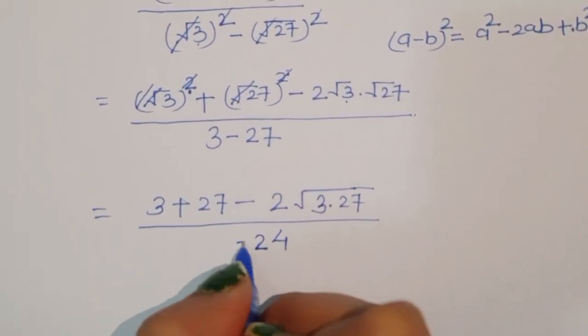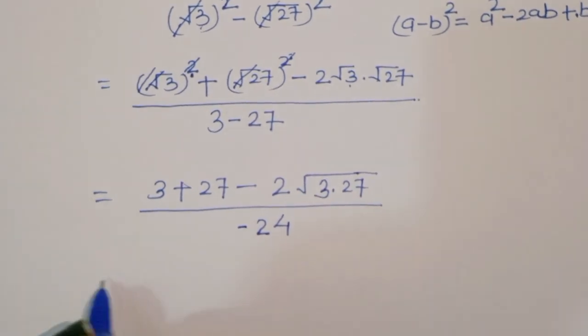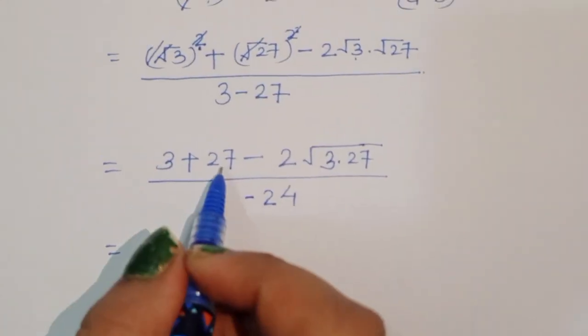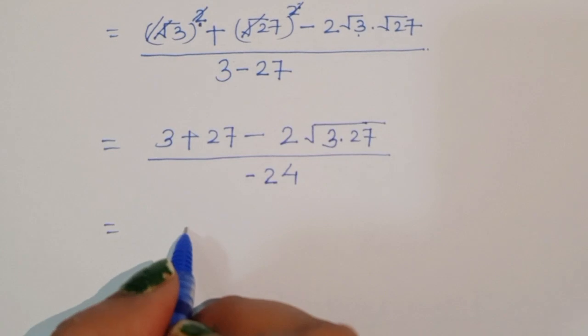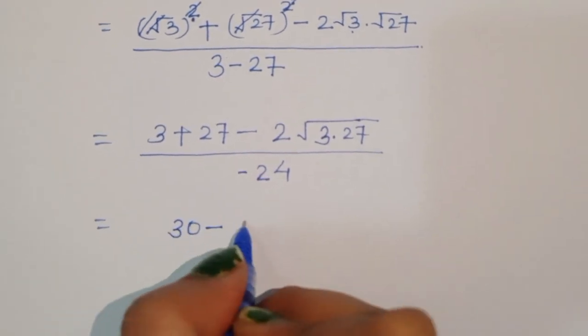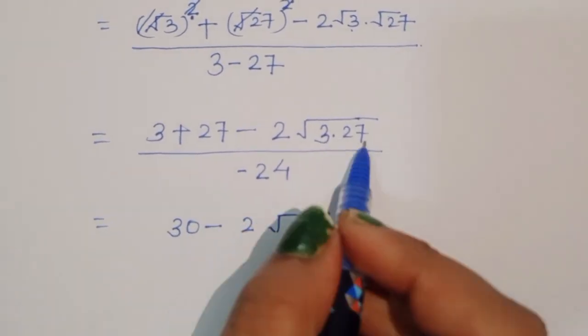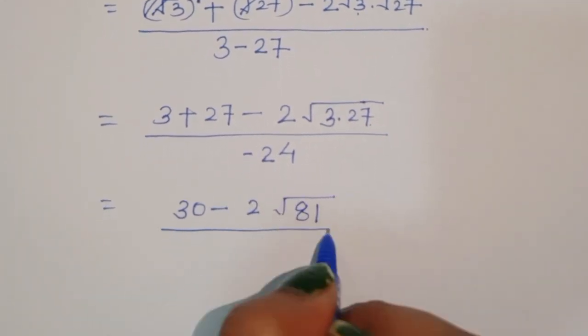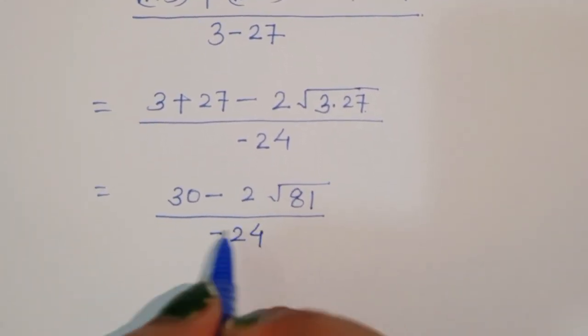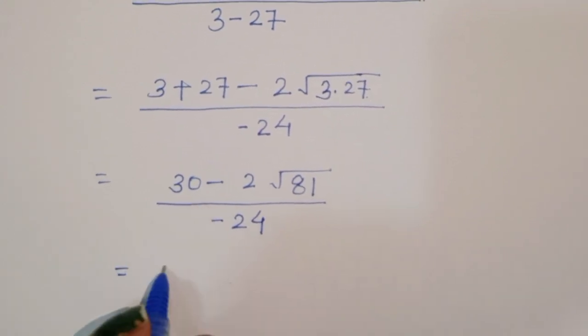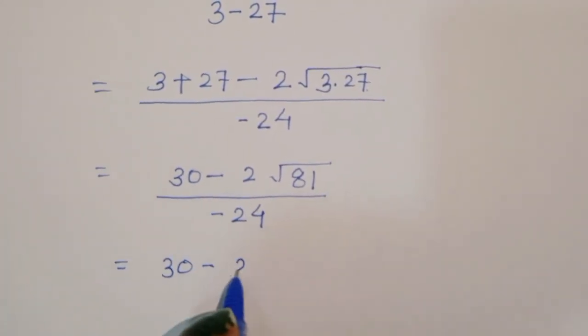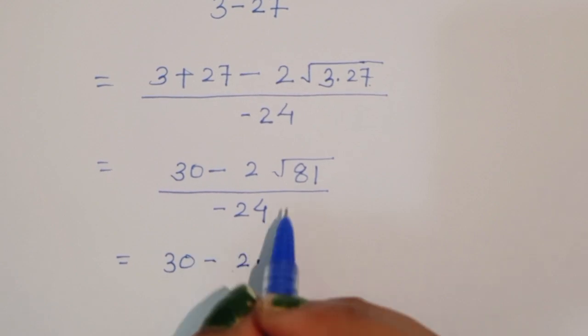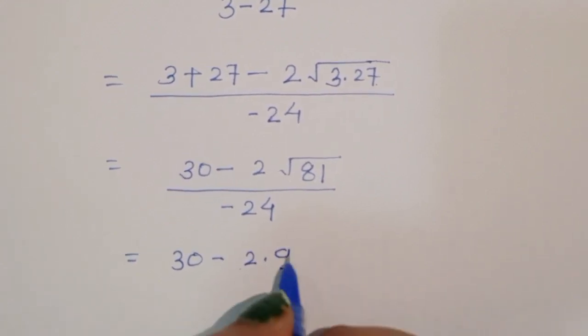3 minus 27 is minus 24, and 3 plus 27 is 30. So we can write 30 minus 2 times √81, since 27 times 3 is 81, divided by minus 24. Now √81 is 9, since 9 times 9 is 81.